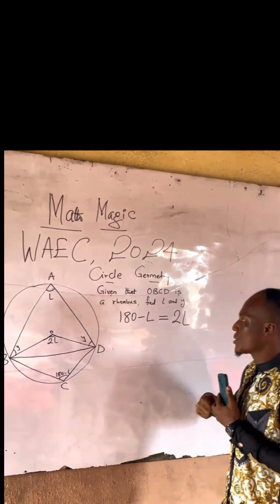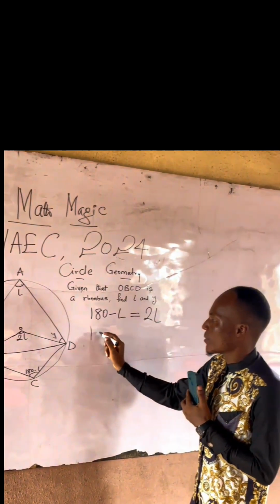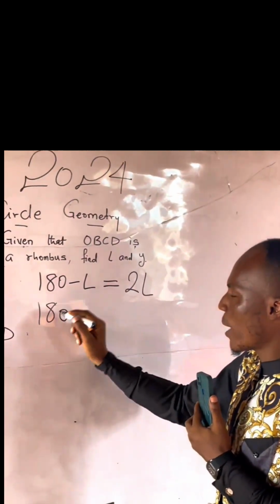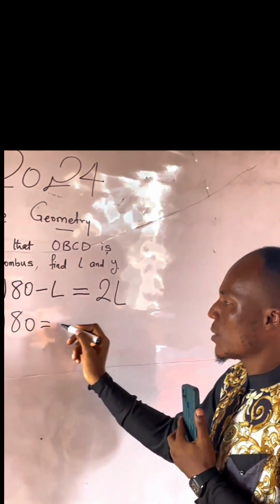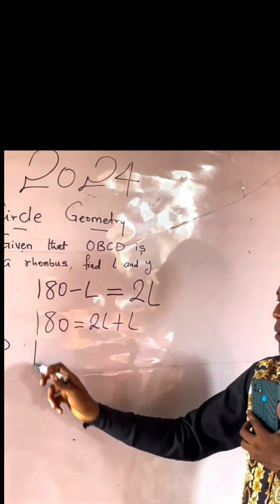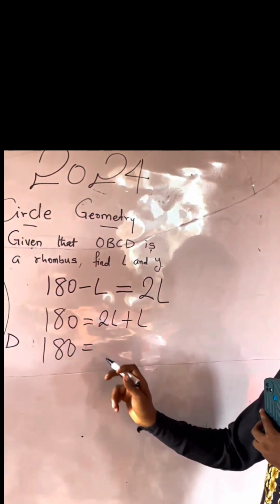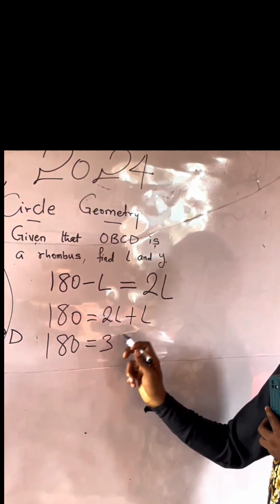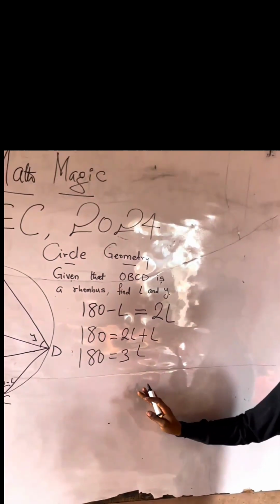So having done this, you see very obviously that 180 minus L crosses over, and you have 2L plus L, so simple. So from here you have 180 equals 2L plus L, which gives 3L.